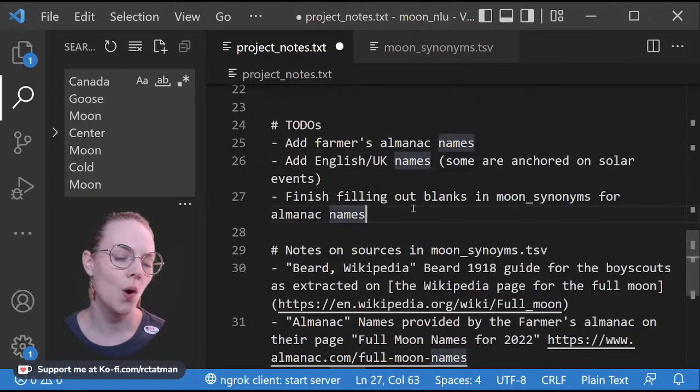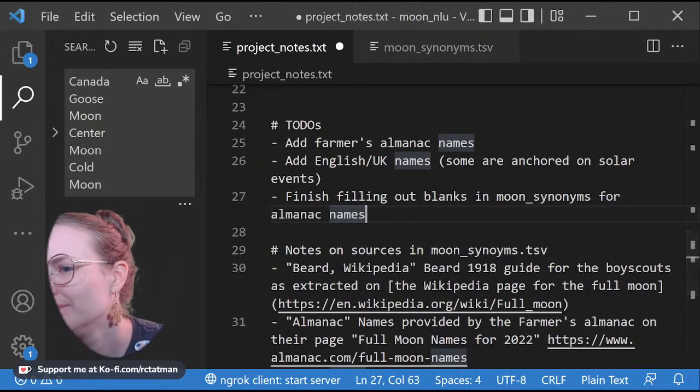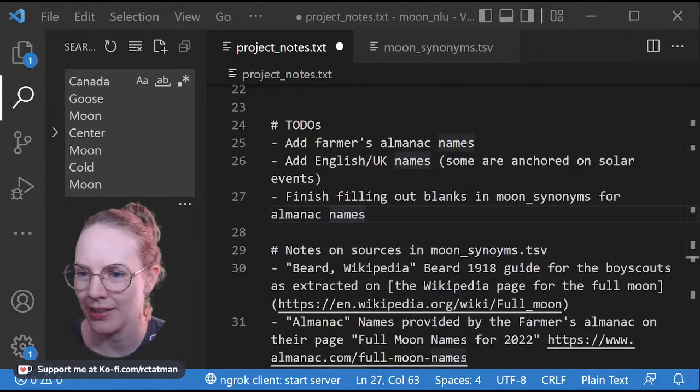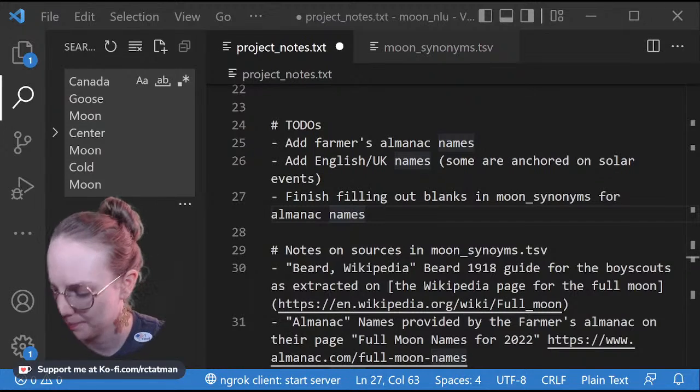All right, so I've had a thought. And my thought is this, that we need to go back and look at the almanac page. All right.